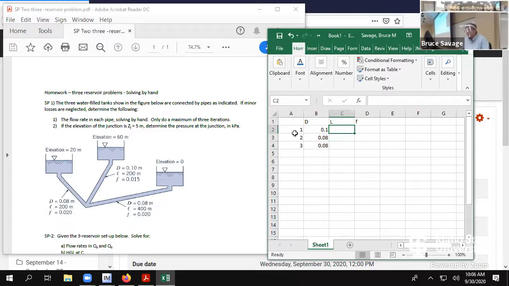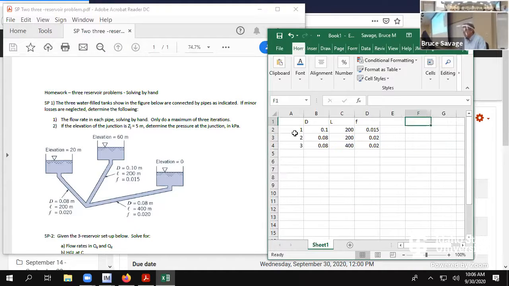The length of the first one is 200, the length of the second one is 200, and the length of the third one is 400. And the friction factors are 0.015, 0.02, and 0.02. All right.